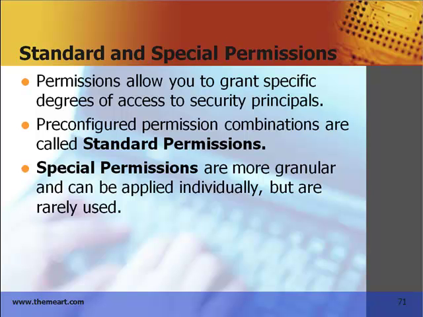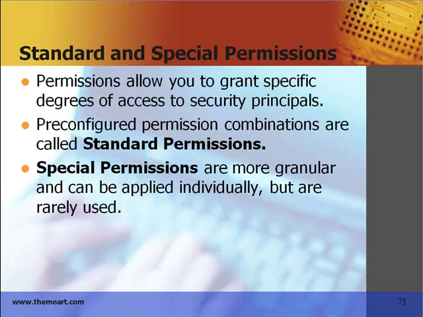Know the difference between standard and special permissions. That a special permission is so specific it's practically unusable. And so a standard permission is a collection of multiple special permissions. And the example again is me borrowing Tony's car. If you give me the keys to the car and say, okay, here you go, knock yourself out, use the brake.